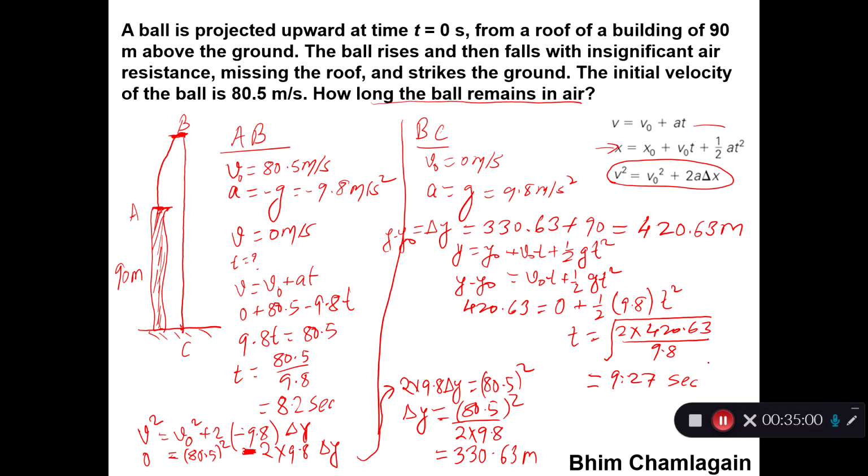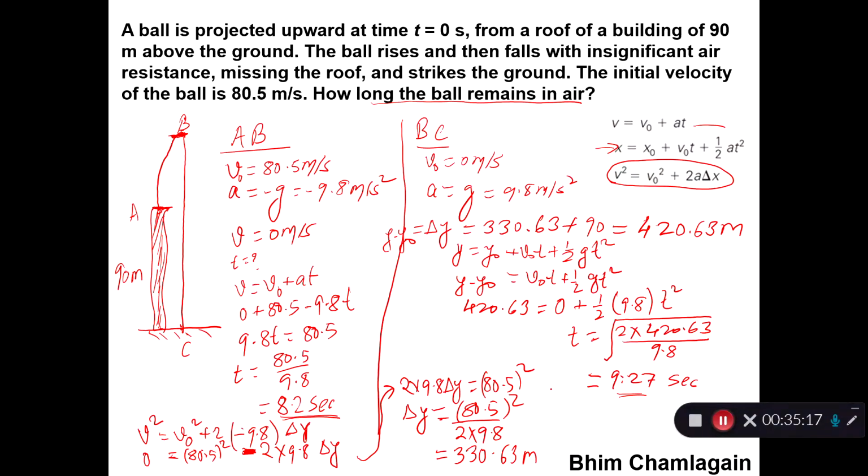So look at the sections AB and BC. Going from A to B takes 8.2 seconds, and going from B to C takes 9.27 seconds.